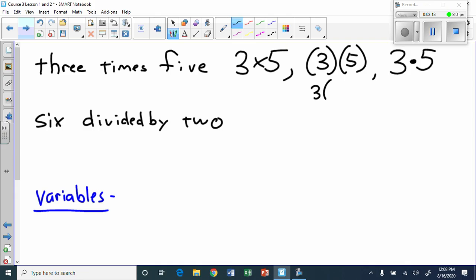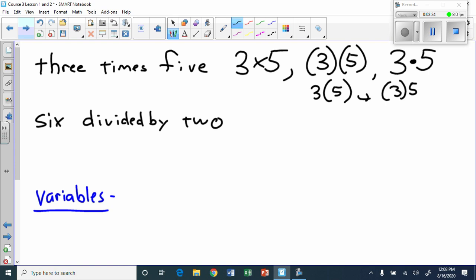And technically, you could remove one of those parentheses, and it doesn't really matter which one you remove. We could do parentheses around just the 3 times 5, and now it all shows multiplication.